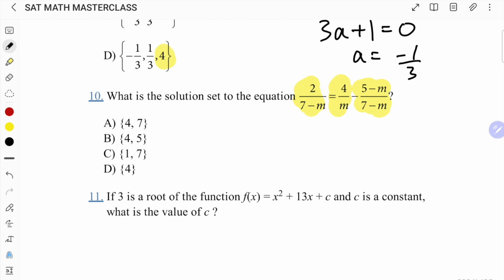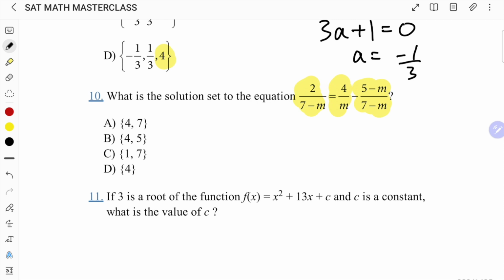Pretty tricky question. To start, we just have to take the LCM first. So we get 4 into... this is a really tricky question.